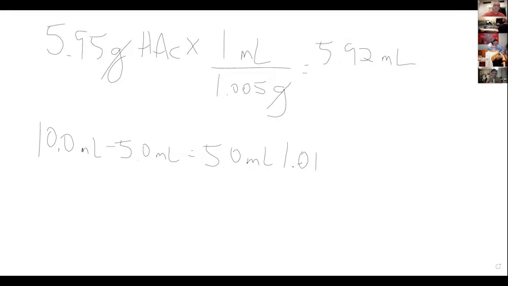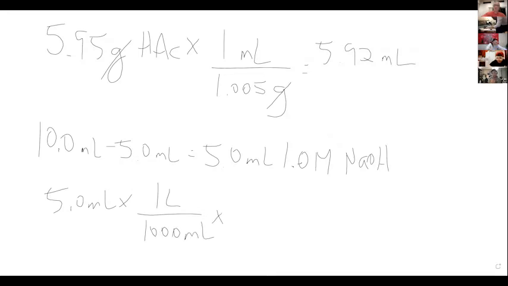1.0 molar sodium hydroxide. So I want to figure out how many moles of sodium hydroxide I have delivered. So 5.0 mL times 1 liter over 1,000 mL, times 1 mole for every liter.